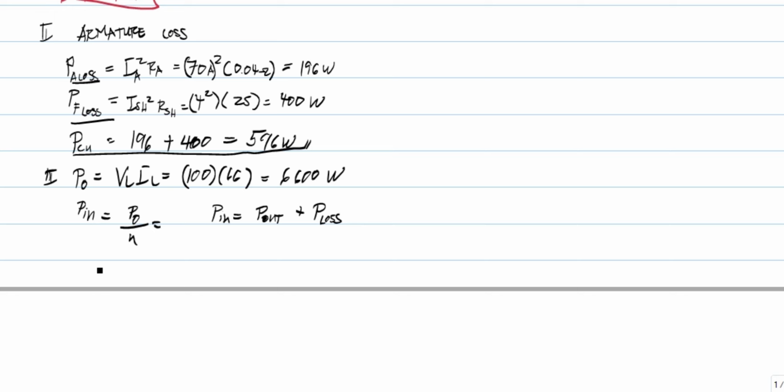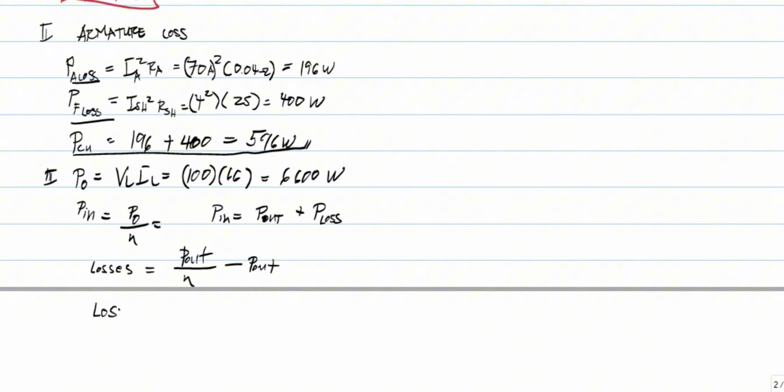Therefore, total losses is equal to P output over efficiency minus P output.